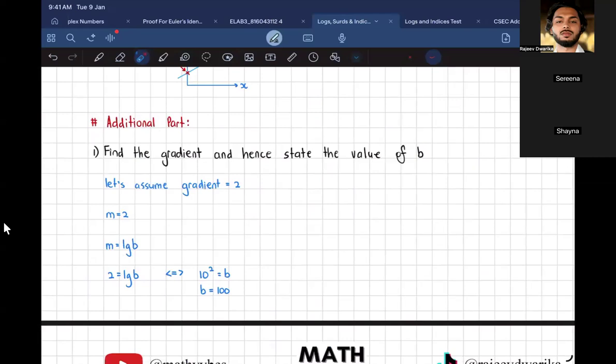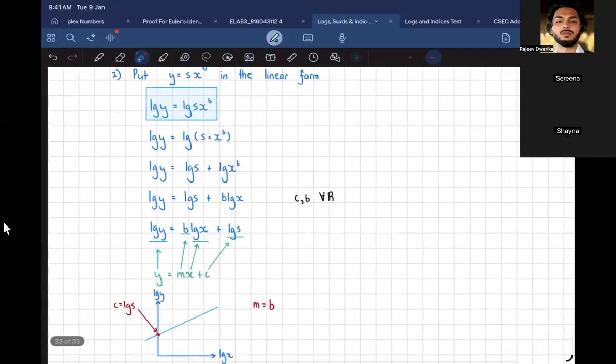I'm finished copying it now. Right. Sheena, just because Serena is saying she copied down, let me know if you have everything copied down. Okay, cool. Copy this down.